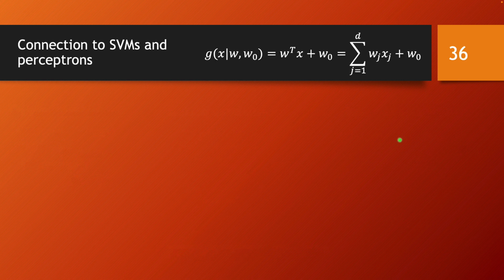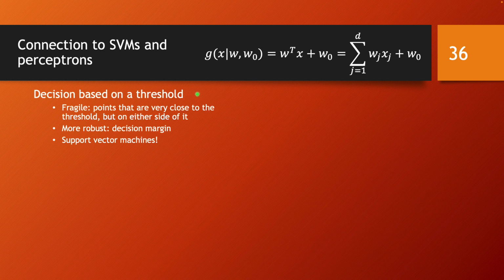Now, when it comes to connections to other models, I want to start with this observation that really the decision in linear models is based on a threshold. And whether that threshold is 0.5, which is maybe the most common choice, or at least the choice that normally you start with, the decision is going to be, say for a binary classification, you are in class 0 if you are under the threshold with your linear discriminator, maybe filtered through the sigmoid, and you are going to be in class 1 if you are over the threshold.